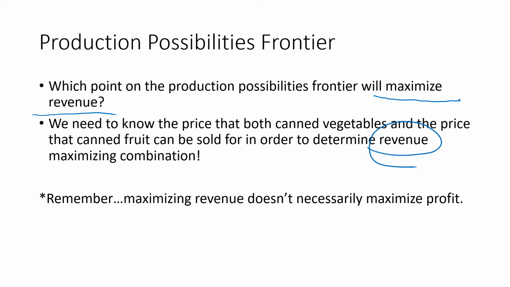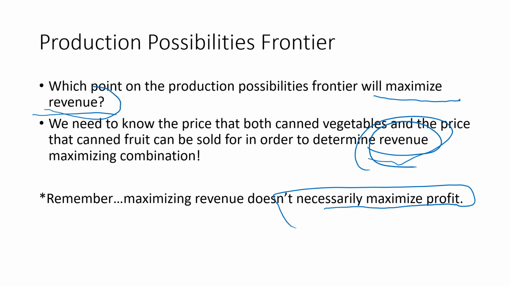This will tell us how much revenue will be maximized. It doesn't necessarily tell us how much profit will be maximized because we have to be able to sell all of those products, and if we're making more or less, we might be changing the demand. But it will give us the maximizing revenue. So let's look at that.